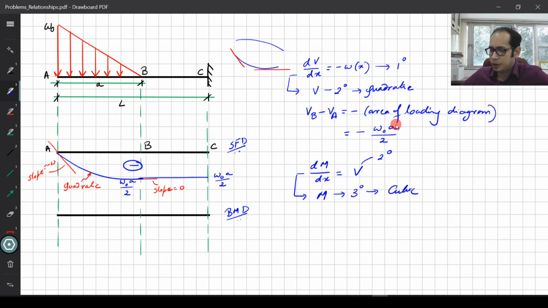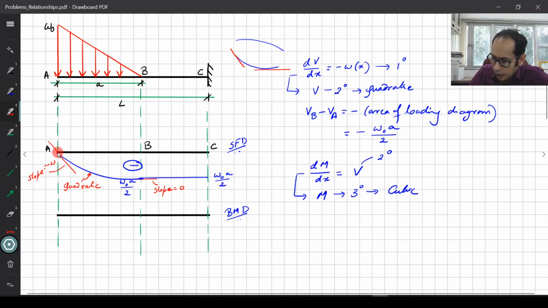Again, same relationship. Will it be a concave up or a concave down curve? Let's try to find out. Your answer to that will always come from the slope. So the slope here, dM/dx equals V at this particular point A. Remember, this slope is equal to the value of the shear force at that point. So at this particular point, my slope is 0.